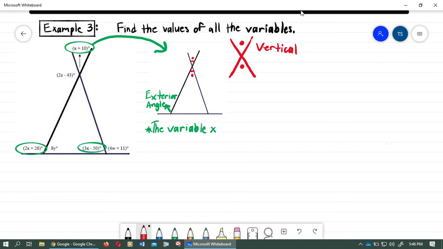And so, folks, if they're vertical angles, that means they're congruent, because all pairs of vertical angles are congruent to each other. And if they're congruent, that means they have the same measure.